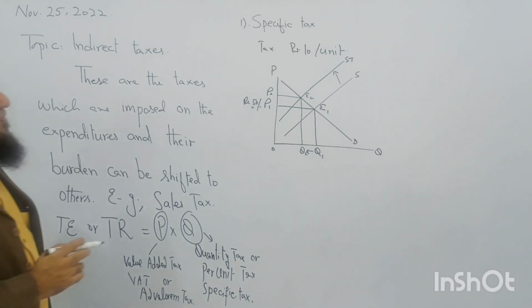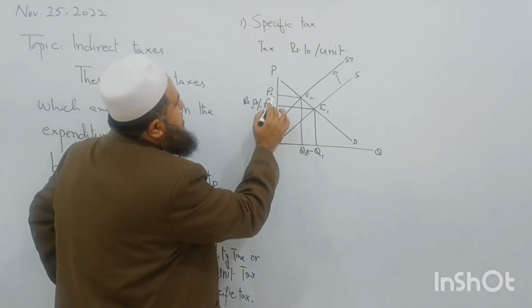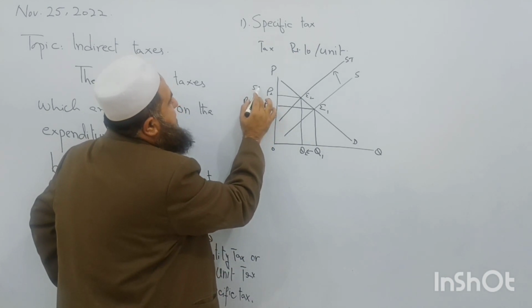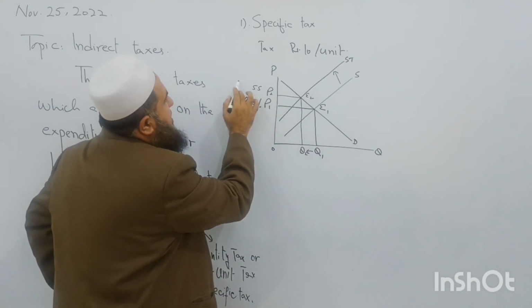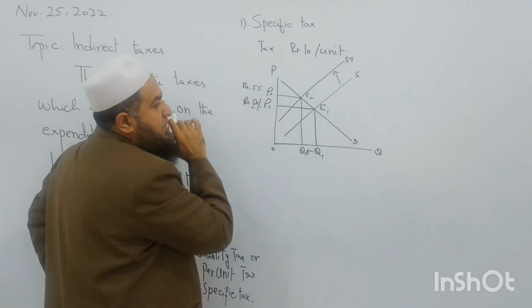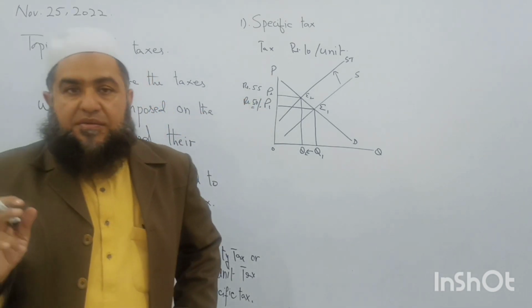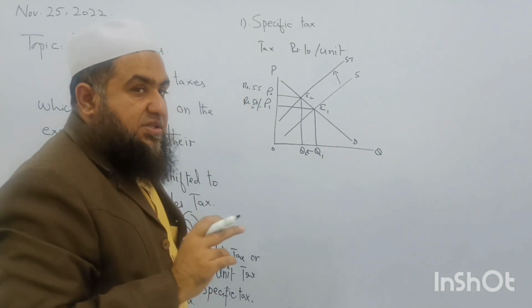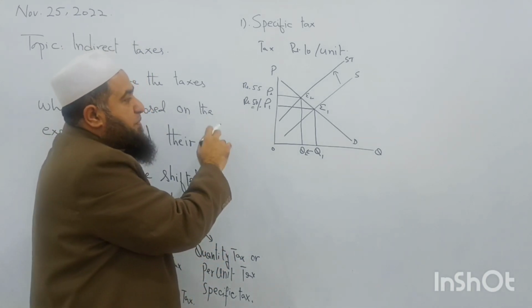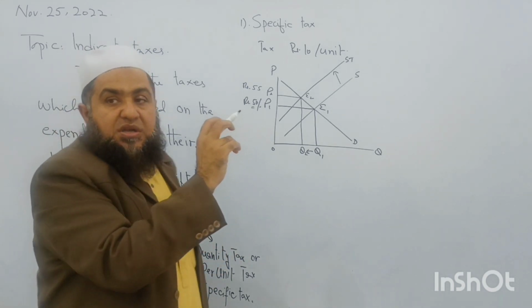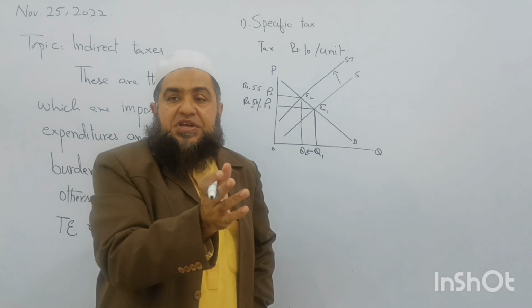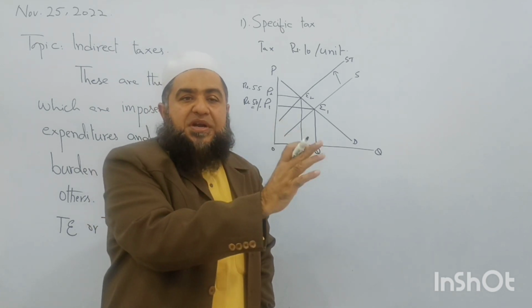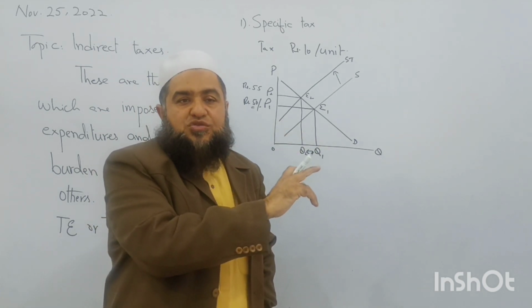Can you say anything? This is going to be the price 55 rupees, which is paid by the consumer. So 5 rupees of the tax. Yes. Instead of 10 rupees to be paid by the consumer, the seller has shifted 50% of the burden of the tax onto the buyers or consumers.